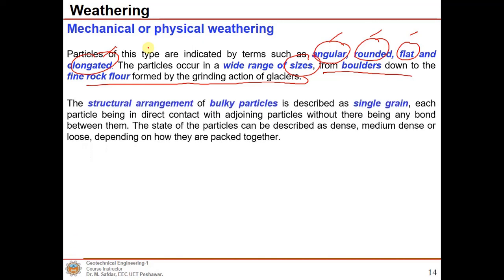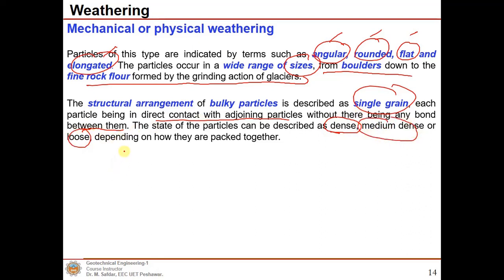Now, the structural arrangement of bulky particles is described as a single grain, each particle being in direct contact with adjoining particles without any bond between them. The state of the particles can be described as dense, medium dense, or loose.